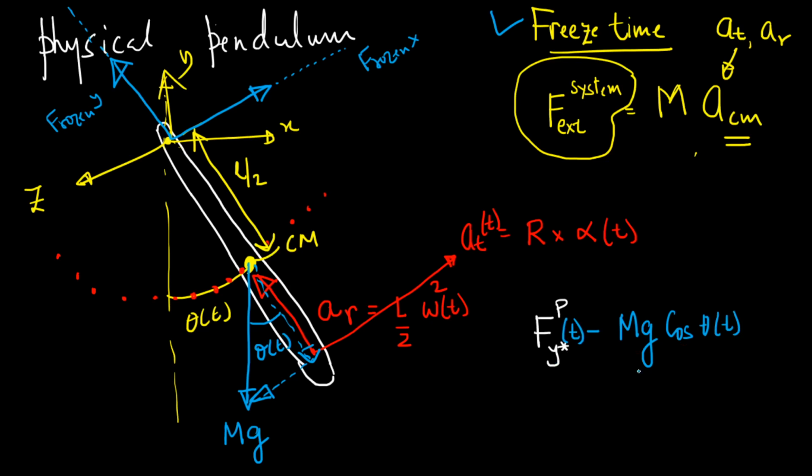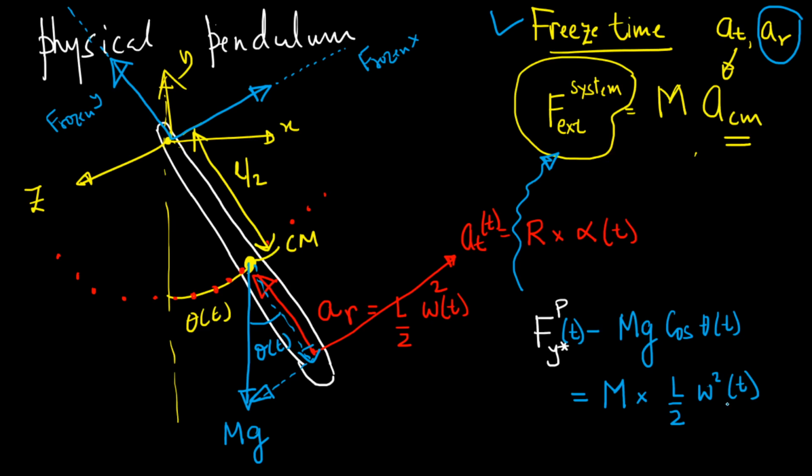Great. Now this, by Newton's law, is the force in the frozen y star direction. This is the equation I'm using. I won't keep repeating again and again. This is equal to mass into acceleration in this frozen direction, which is actually AR, which we know is L by 2 omega square t.